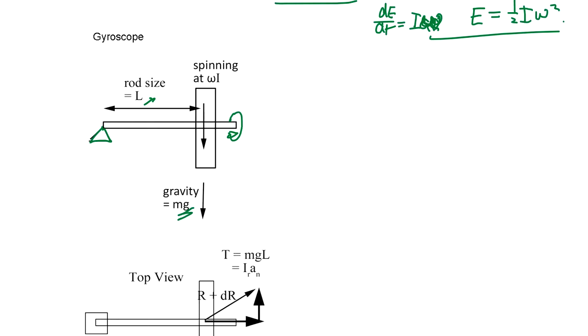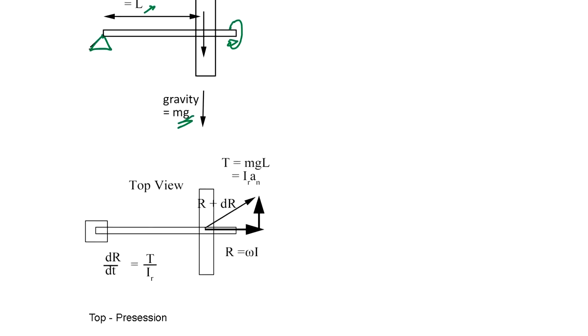Well, if you look from the top view, this is the fulcrum and it's sitting here, and when it's spinning around, it has the moment of inertia spinning, so it has the I omega here, right?